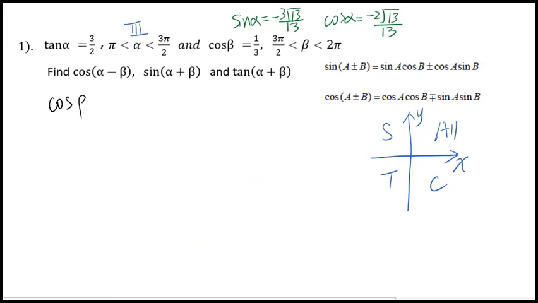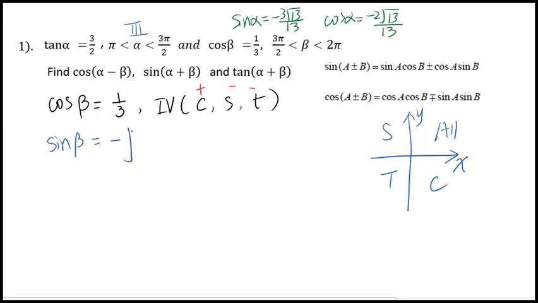For beta, we know the cosine beta equals 1/3. Then the angle is between 3π/2 and 2 pi. That is the fourth quadrant. So you have CAST. Cosine will be positive. These two will be negative. Therefore, for sine beta, we will use a negative square root of 1 minus cosine squared beta.